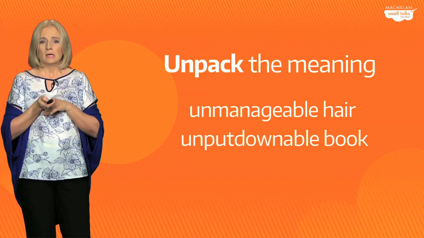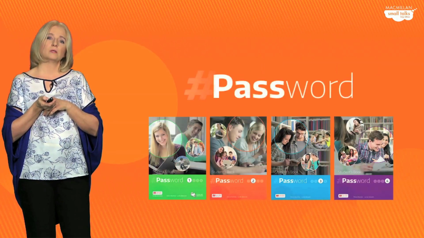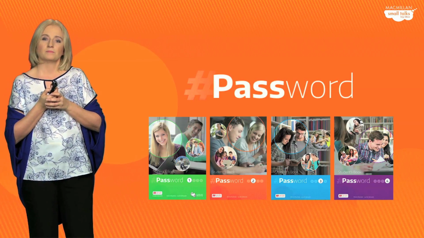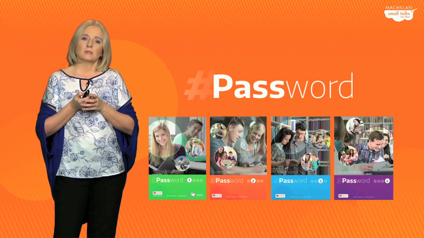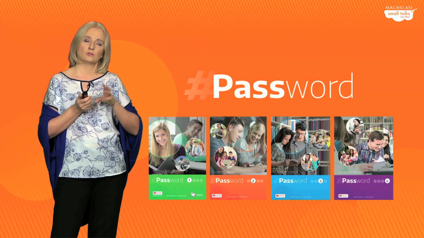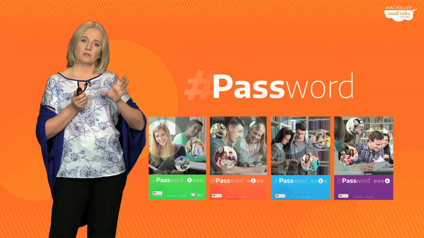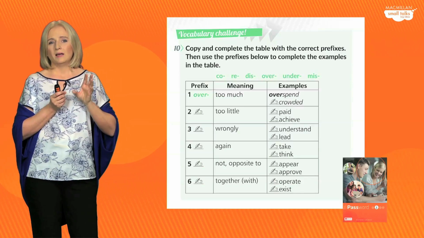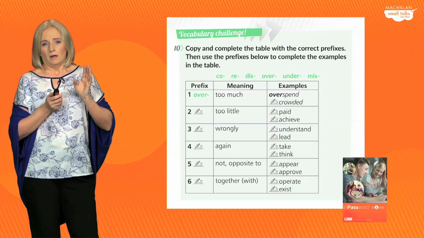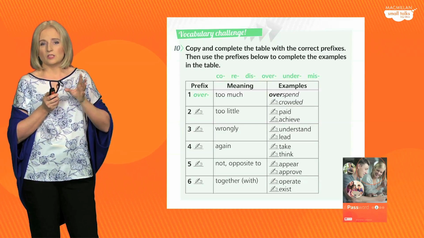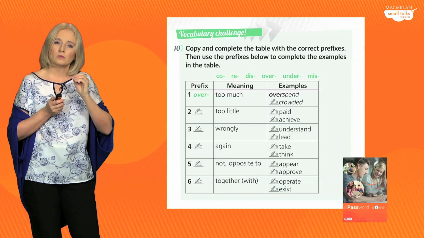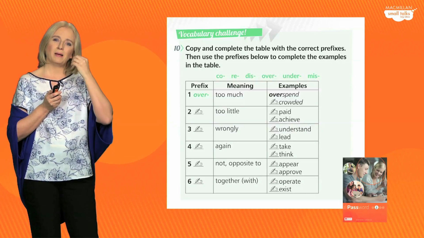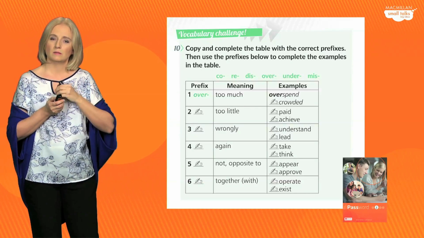Okay. So, again, going back to Password, the course book I have had the pleasure of writing, it draws students' attention to word families, prefixes, suffixes a lot. Have a look at this exercise. I believe that if we teach the students some important prefixes, prefixes which change the meaning, the students will then be able to unpack the meaning of the word as such.